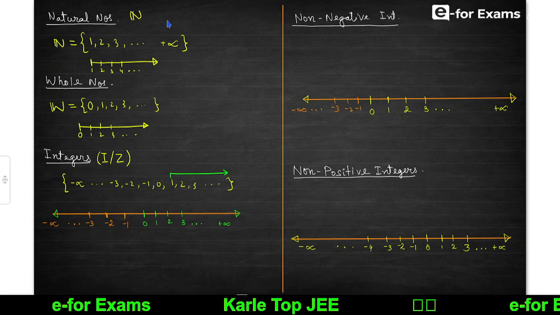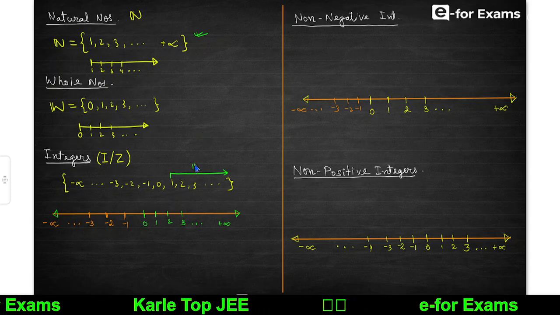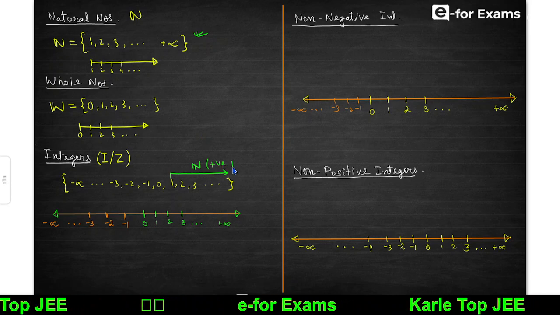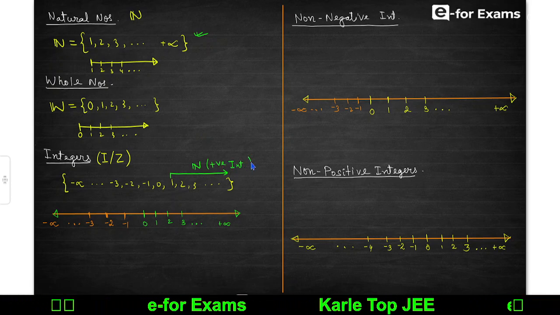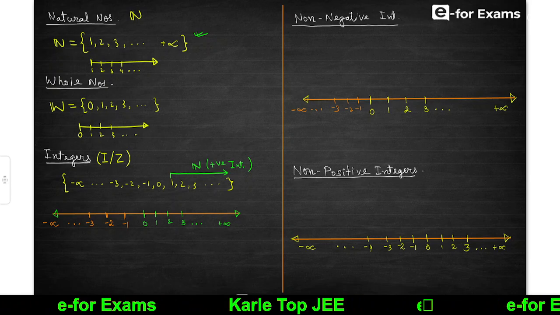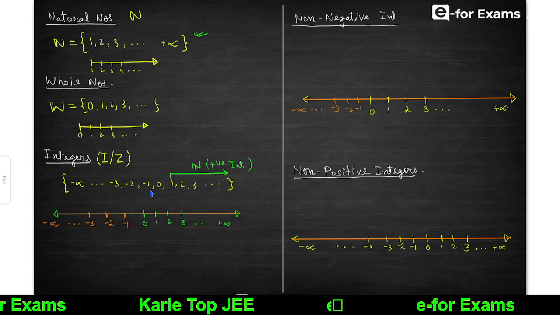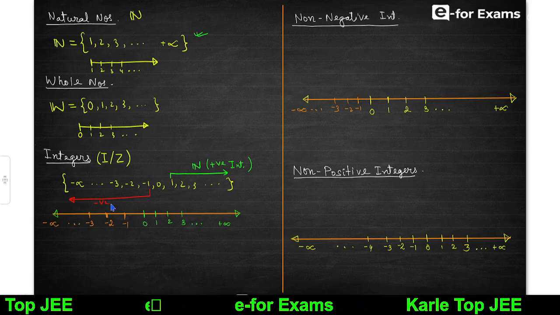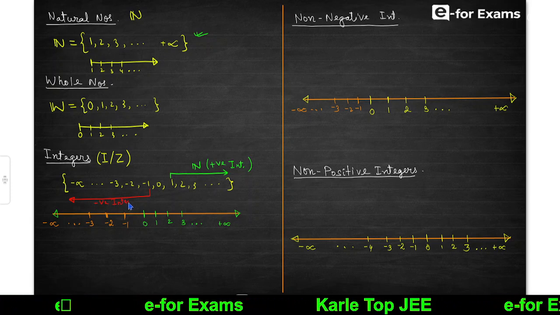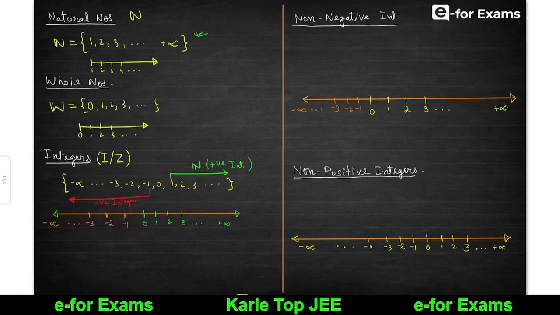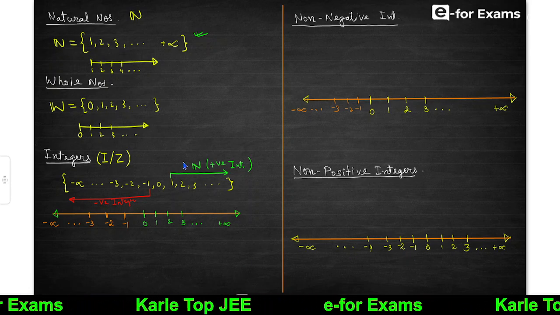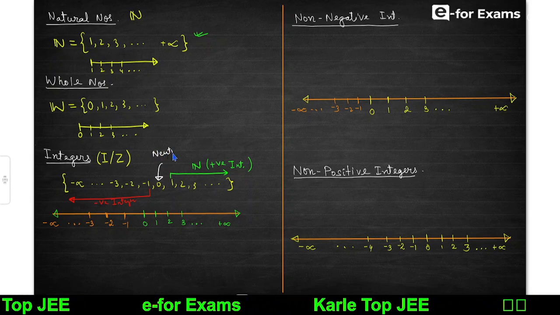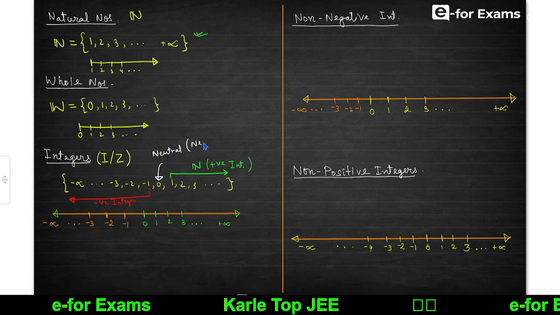This is nothing but your natural numbers, also known as positive integers. While minus 1 to this side is negative integers. Zero is neutral, that is neither positive nor negative.